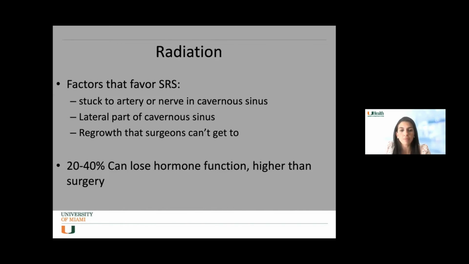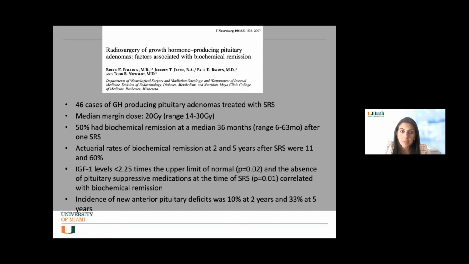And if you have regrowth that you really can't get to surgically, it's going to be a small volume, which SRS might be more efficacious for than a large field fractionated radiotherapy. Importantly, and this varies, most reports will tell you around 25% of the time you can lose hormone function after radiation, but that can vary from 20 to 40%.